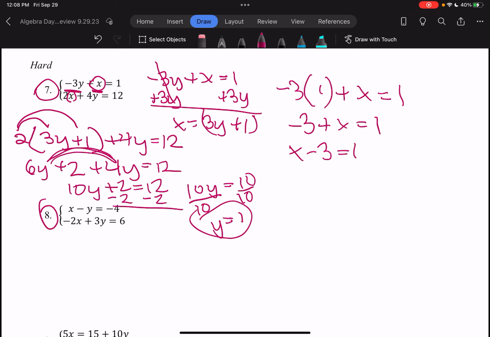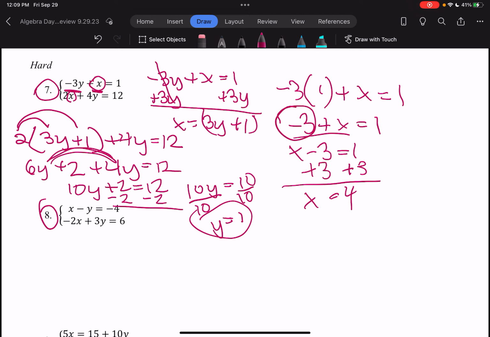Some of you have been having difficulty when the variable comes second in the expression. This can be rewritten as x minus 3 equals 1. If that helps you, then you know you're going to add 3 and we get x equals 4. If that's something that you're struggling with because you see the variable second and that's confusing to you, you can consider the way to move that about so that it's easier for you to see.